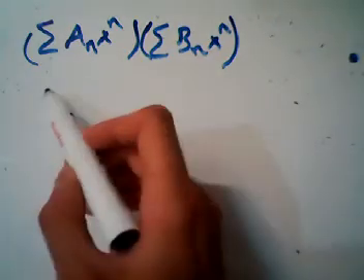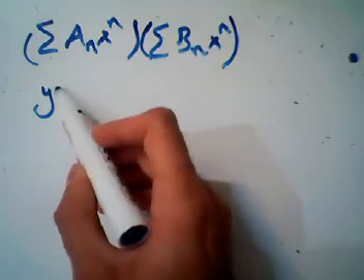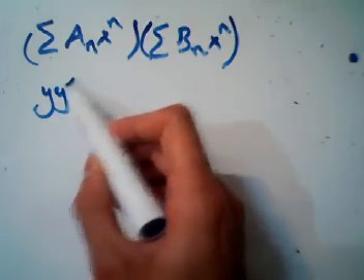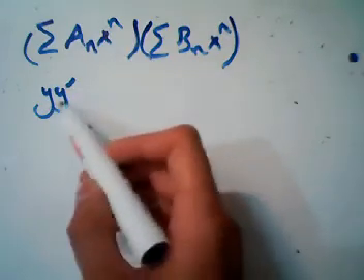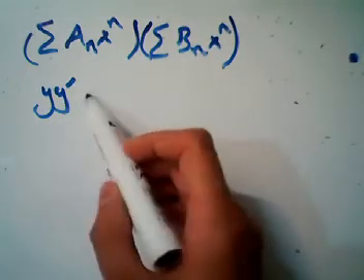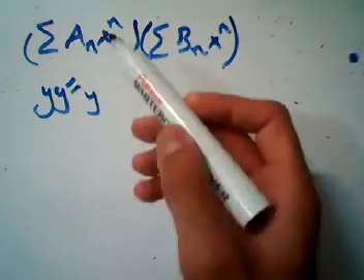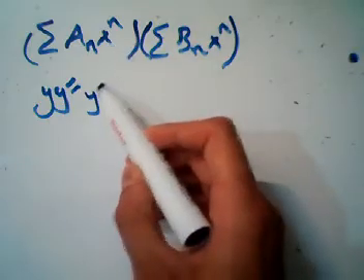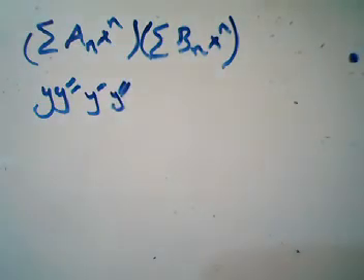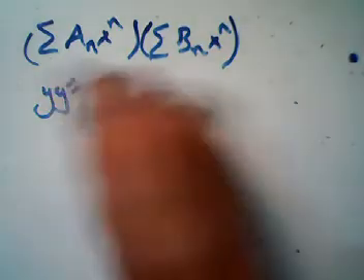For instance, in differential equations, we might have something like y times its derivative, or y times its second derivative, or its first derivative times its second derivative. Here we need to multiply these.